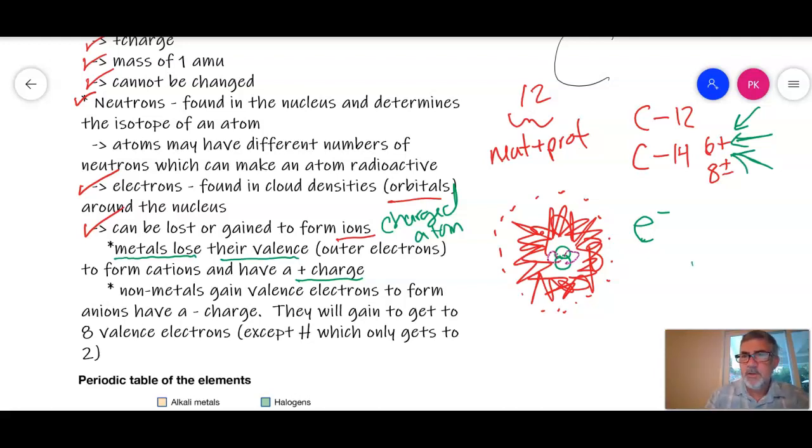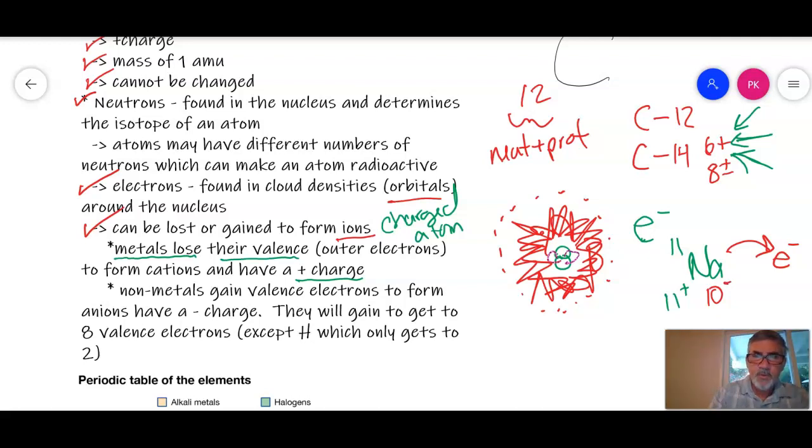So if I take sodium, which has 11 protons, and sodium loses an electron, then it now has 11 protons and 10 electrons.